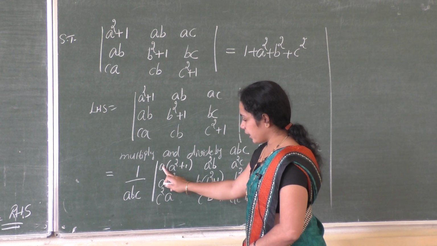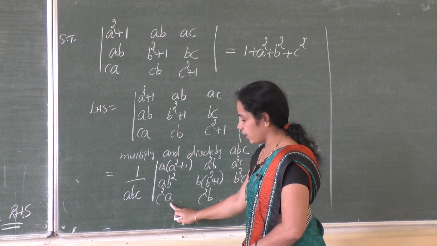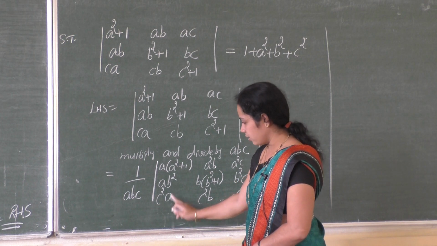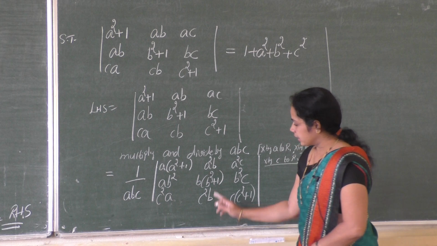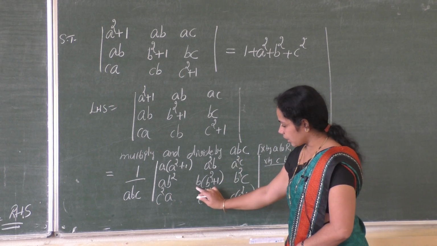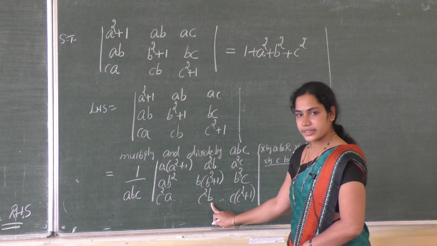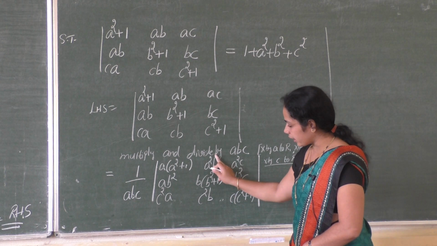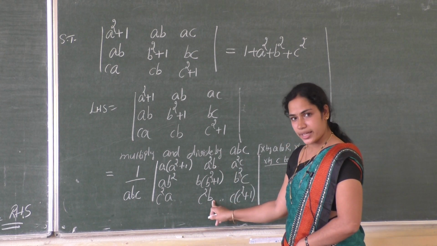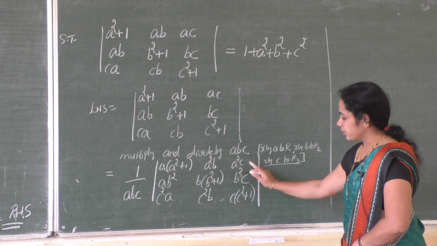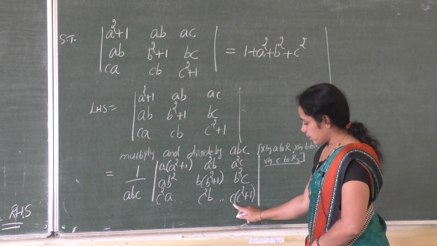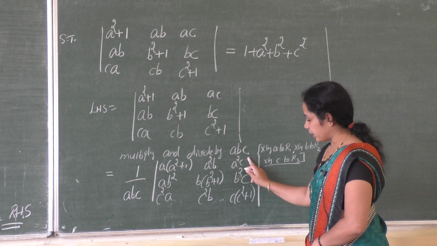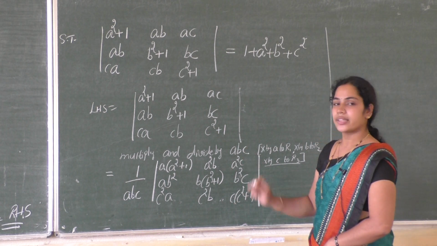A is common, here also A, here also we have A. So take A from the first column. Second column, B: here we have B, here also we have B. So take B from the second column, and C from the third column, since the third column also has C in every row.